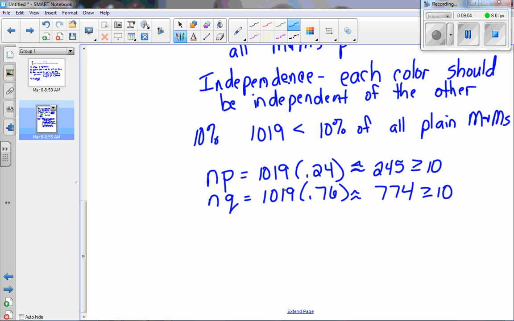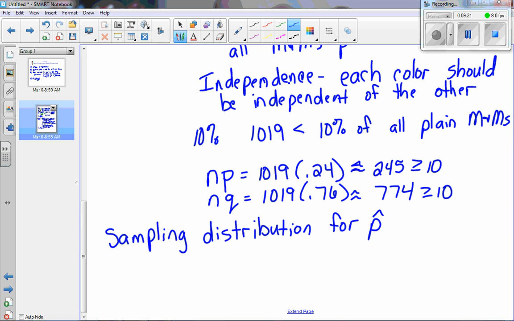So now that we have checked our model, we now know that our sampling distribution for p hat is approximately normal. And remember, it's important to say that it's approximately normal.